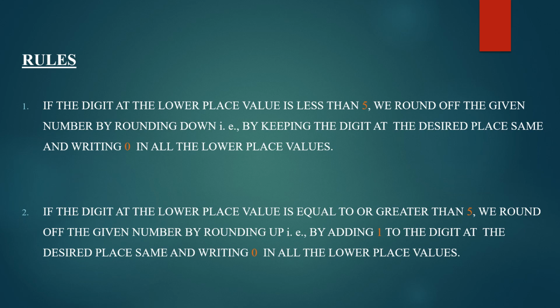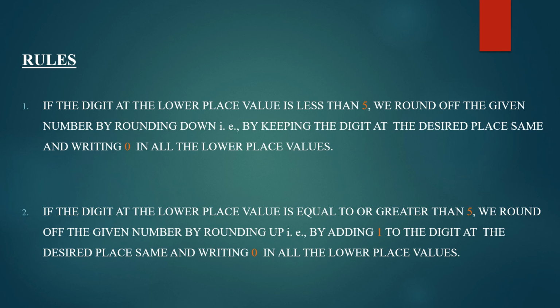So if you are going to round off to the nearest 10, and the desired digit is in the tens place, and the digit in the lower place, that is the ones place, is greater than or equal to 5, what do we do?